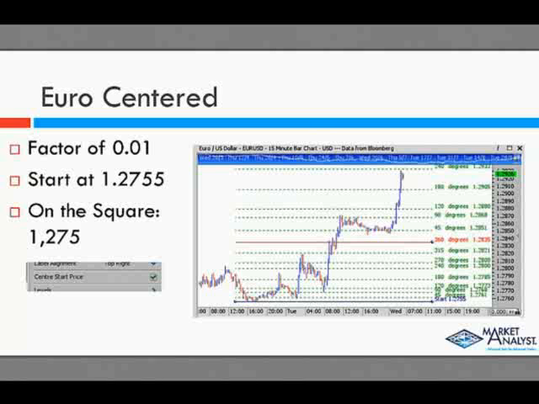Obviously, the more lines I can put there, the greater the confluence, the more confidence I have in that being significant. But that also comes down to what size you're trading. If I was putting 100 contracts of the S&P on, I would want a lot of confluence. But if I'm just trading a single contract, then I may be happy to trade off a single line like that. It really comes down to partly your risk and money management rules as well.